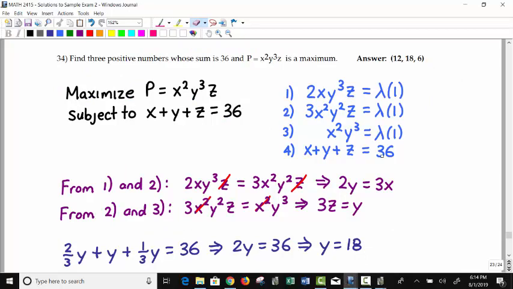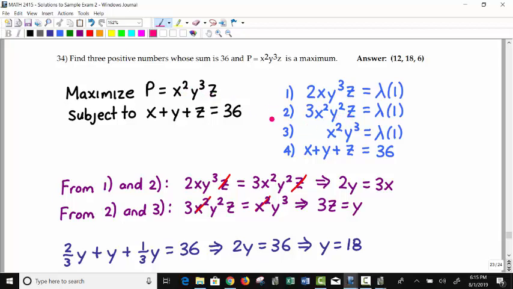Okay, number 34, we're trying to find 3 positive numbers whose sum is a maximum. So clearly positive here. So there's the function we're trying to maximize. Here's the constraint. So the x partial will be 2xy cubed z, and the y partial will be 3x squared y squared z.